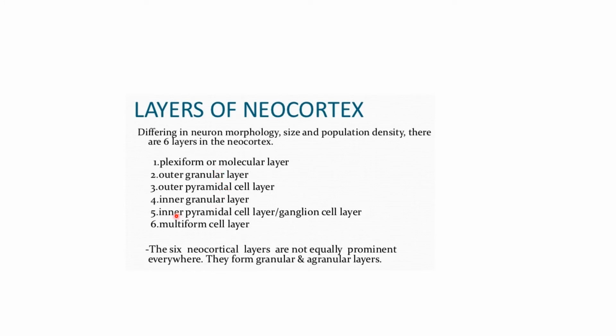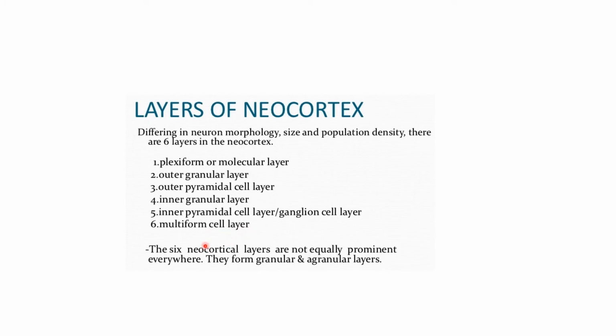After the outer pyramidal, we have the inner granular layer. We'll come to the cells and how to differentiate. The inner granular layer has a greater number of granule cells or the stellate cells. Then the pyramidal layer or the ganglionic layer, which has the largest of the pyramidal cells. Then the multiform layer.